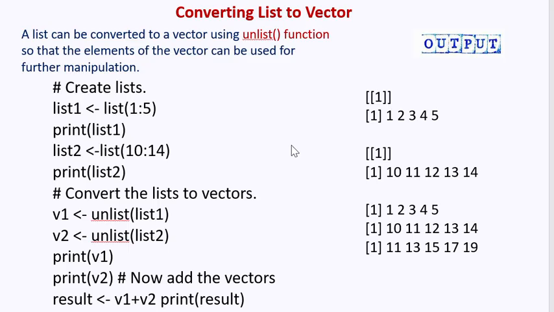So rather than mentioning the data in such an expanded way, we can go with this short way of working with the help of a sequence. List 1 has a sequence of data which is 1, 2, 3, 4 and 5. Similarly, we created one more list named list 2, which starts from the value 10 till 14.